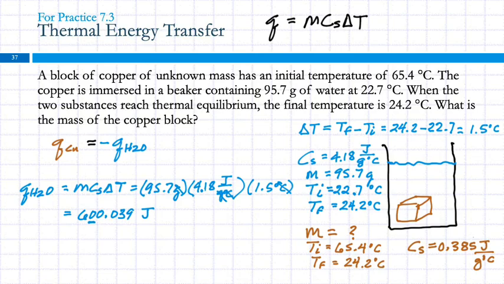Well, what if I multiply both sides by -1? This -1 times -1 becomes positive, right? And the other side becomes negative. So if Q water is 600 joules, then Q for the copper is negative 600 joules.